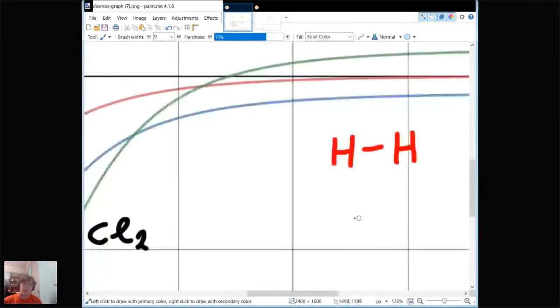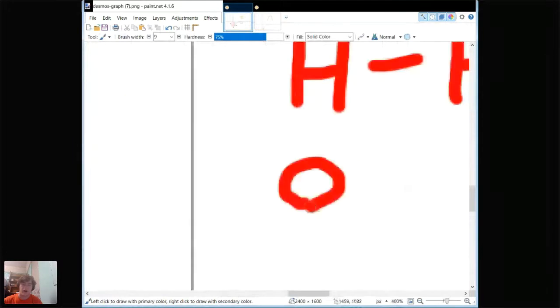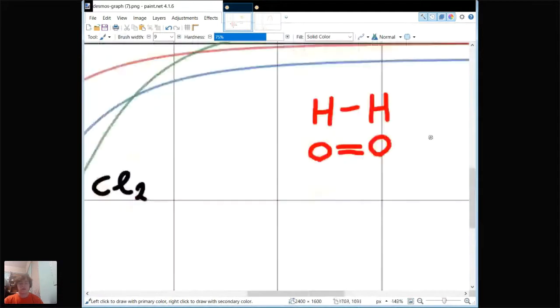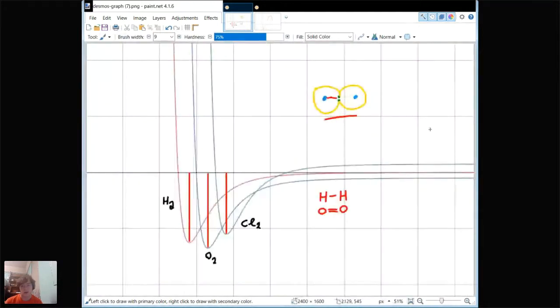Now when we look at oxygen, however, oxygen has a double bond. So double bonds are a lot stronger than single bonds, and triple bonds are a lot stronger than double bonds. Can anyone provide an explanation for why the chlorine minimum potential energy is higher than the hydrogen potential energy? Just any guess at all?